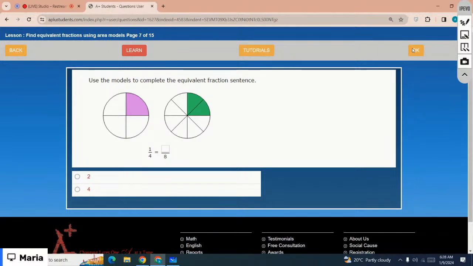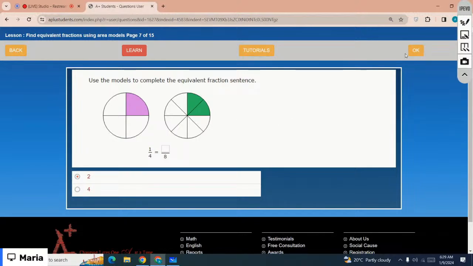Use the models to complete the equivalent fraction sentence. Which is the correct option? Yes, that is 2 out of 8.